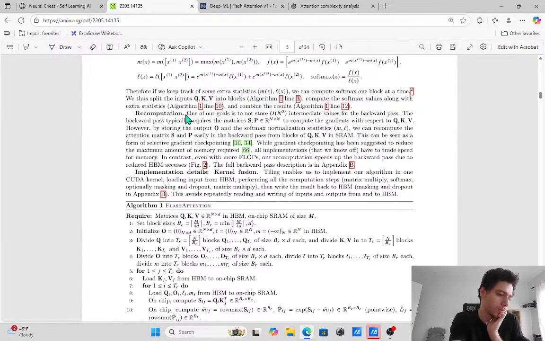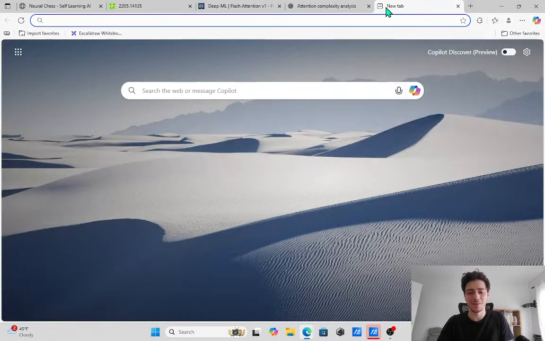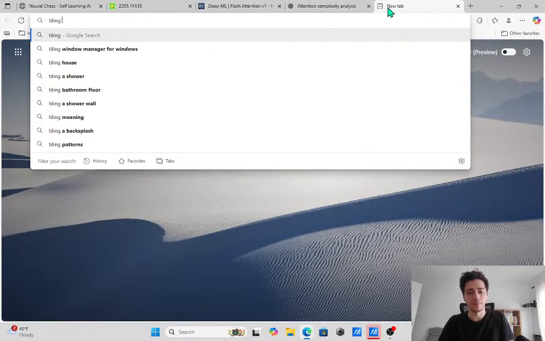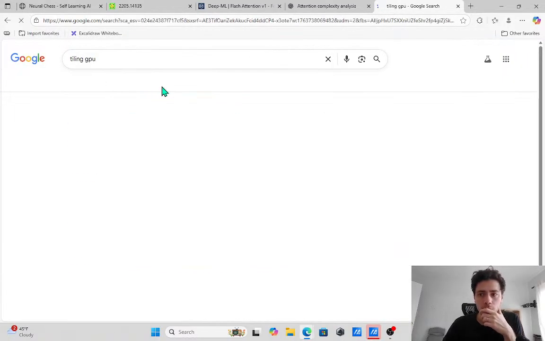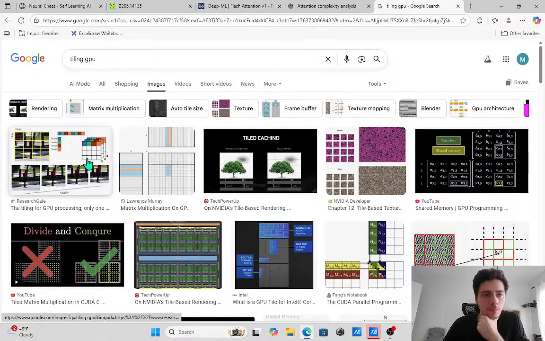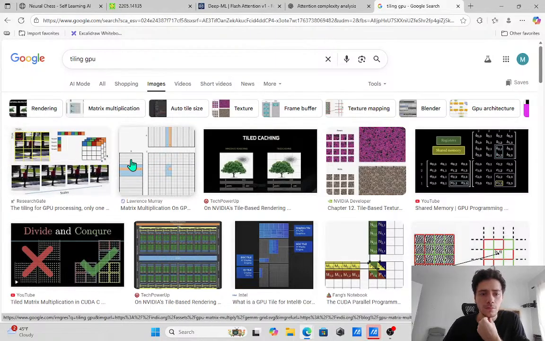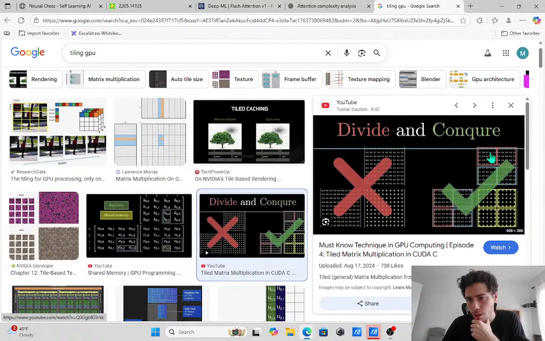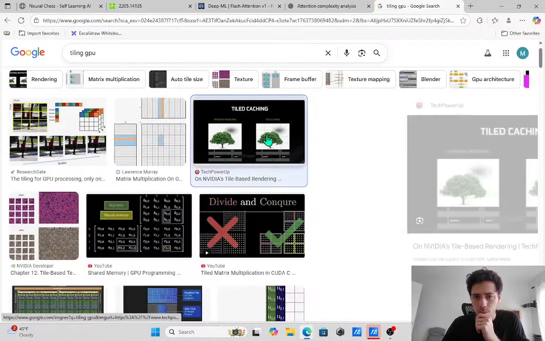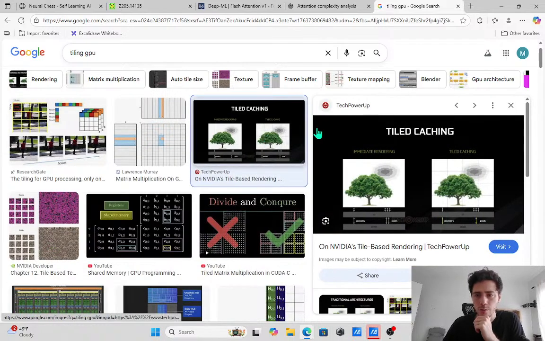Let's see, I see a diagram for that. So I guess it tiles things, so each matrix gets broken up and then each part gets sent to a GPU.